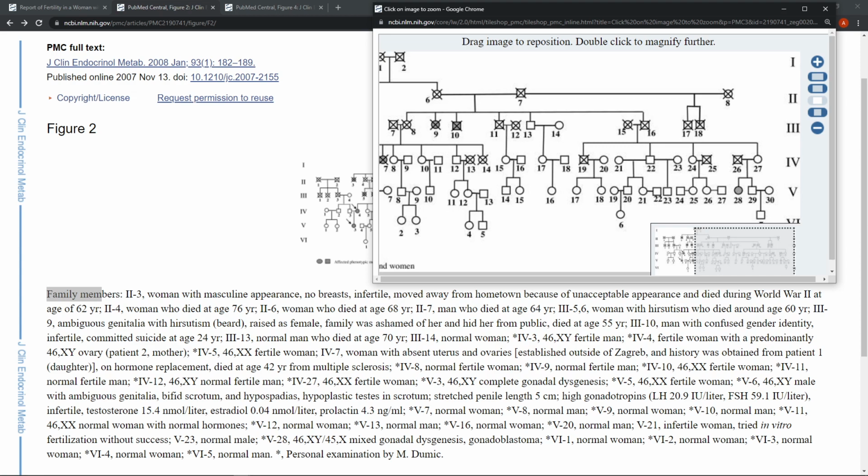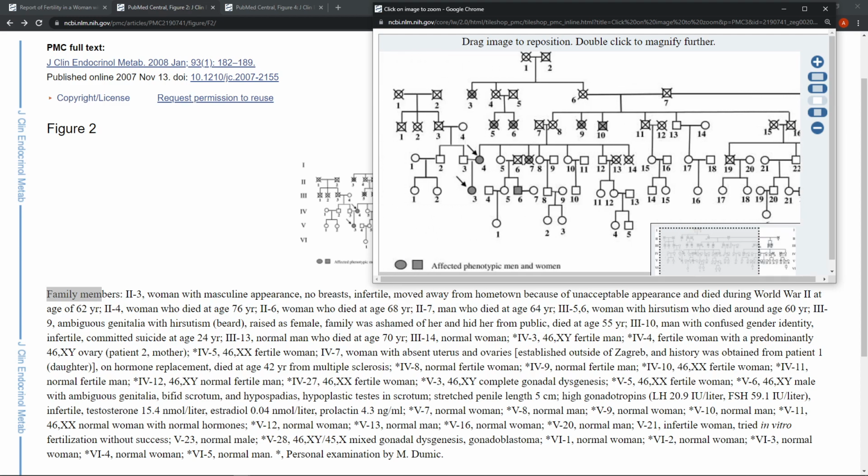This woman obviously had XY chromosomes in her ovaries. What ovaries there were. It says mixed gonadal dysgenesis, which means maybe one was developed and sort of functioning, and the other was probably not there at all, and likely developed into a tumor.